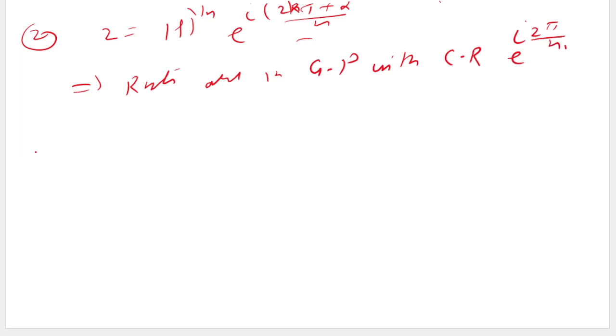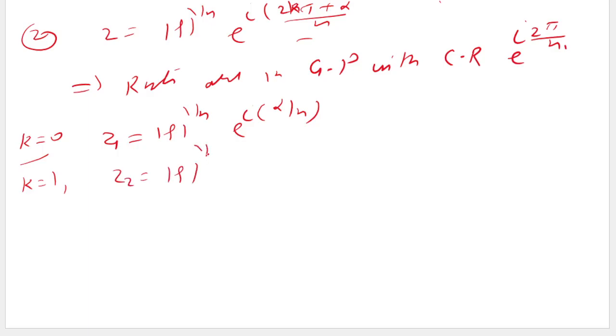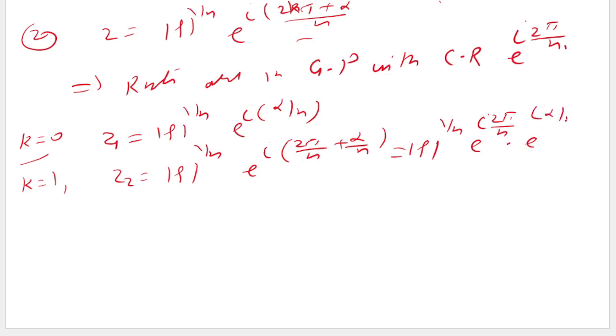We can check it. What is the first root? Putting k equal to 0, the first root is rho to the power 1 by n, e to the power i alpha by n. What is the second root? For k equal to 1, the second root is rho to the power 1 by n, e to the power i (2 pi by n plus alpha by n). This is rho to the power 1 by n, e to the power i 2 pi by n, into e to the power i alpha by n.